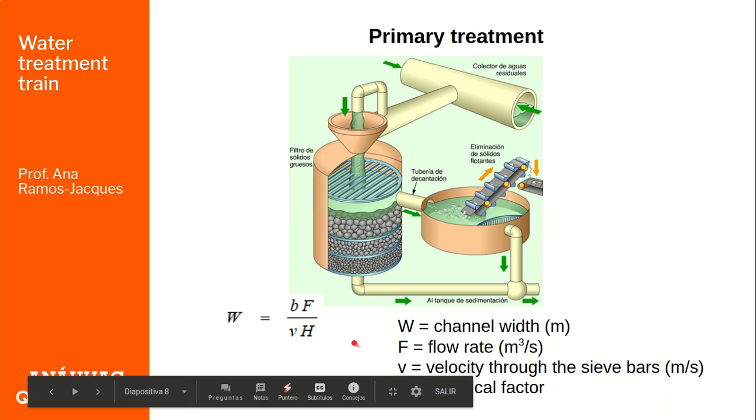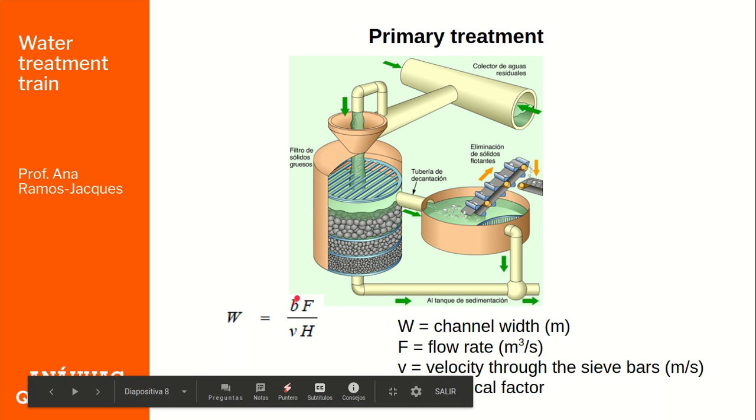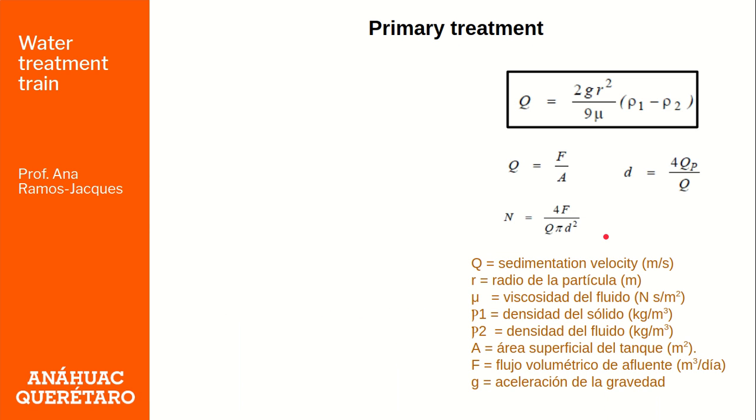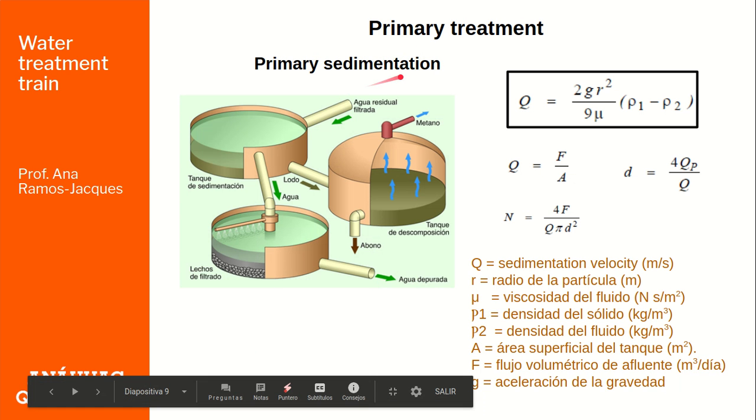As you can see in the formula, you have a constant value, then the flow rate, and the velocity through the bars, and this constant is an empirical factor. You could also have this primary treatment as primary sedimentation.